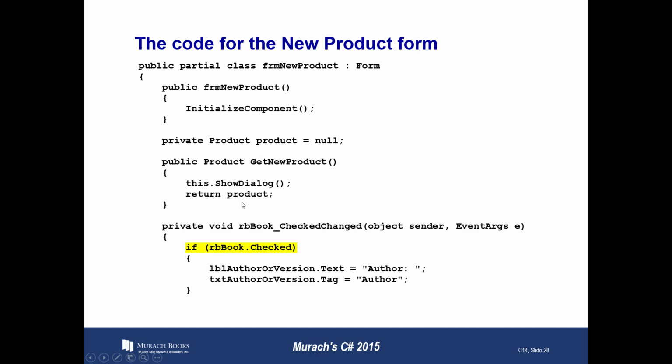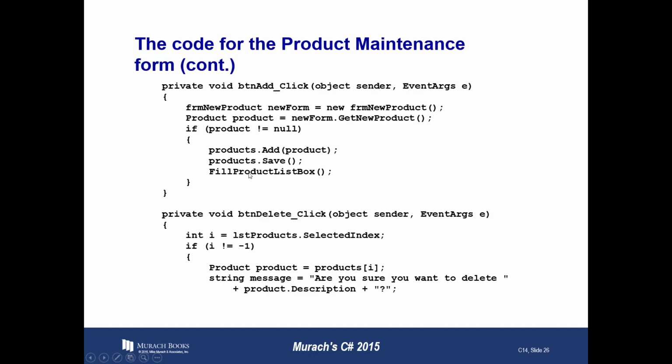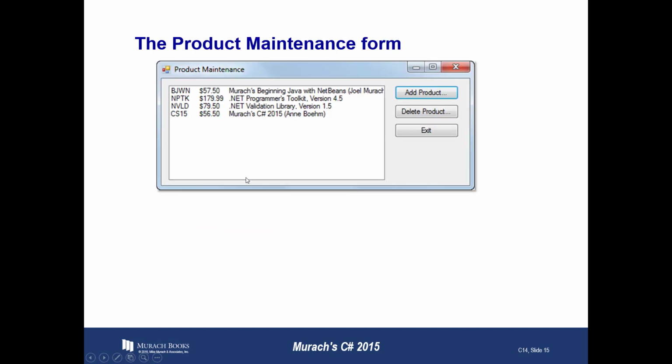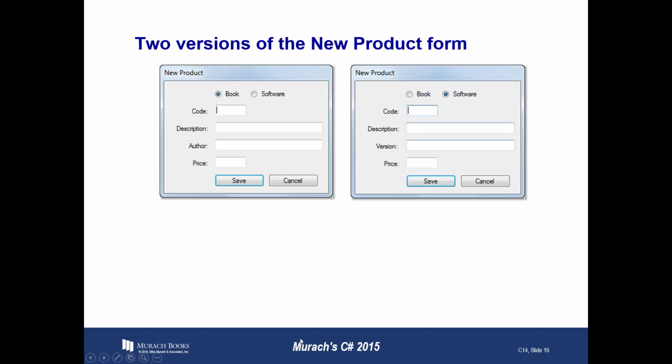All right, here's the new product form. So again, notice what we're looking at here. We've got our choice here when you look at this. I'm backing up here. Do we want two different forms, one form for a new book and one form for a new software, or do we want one form?